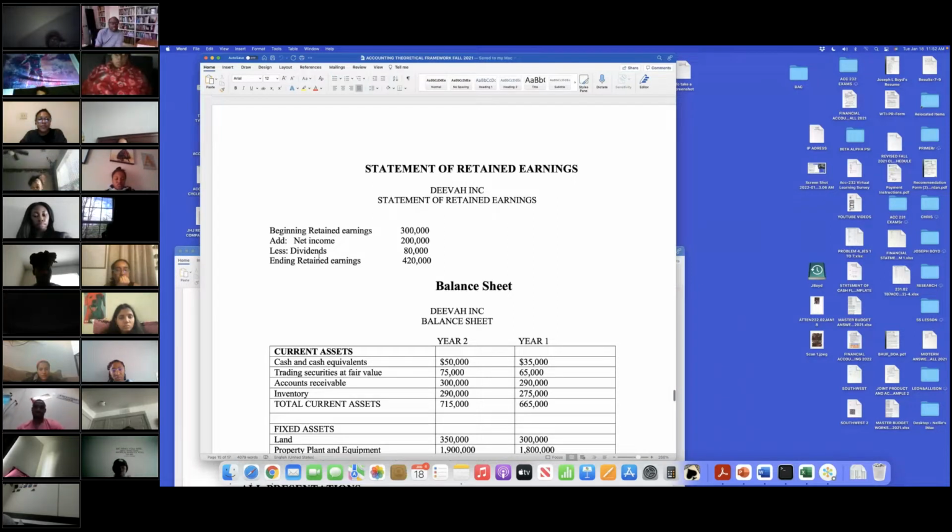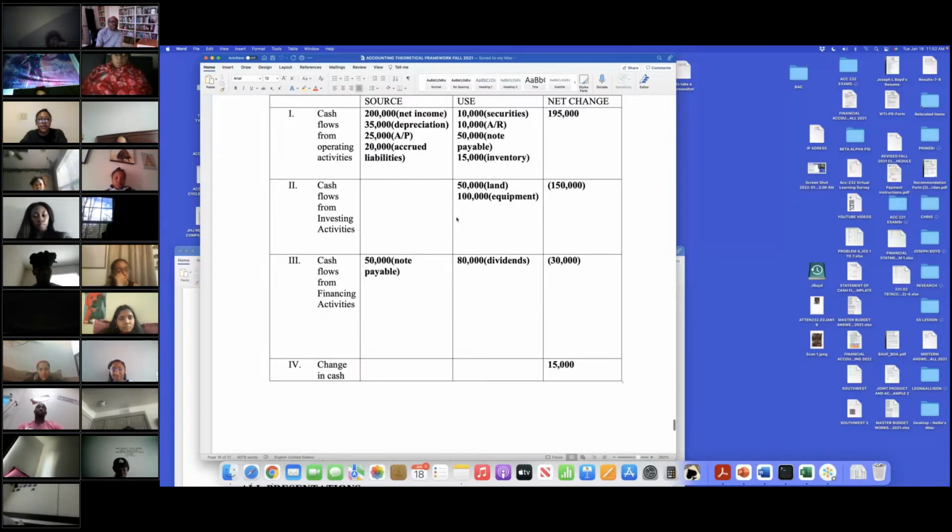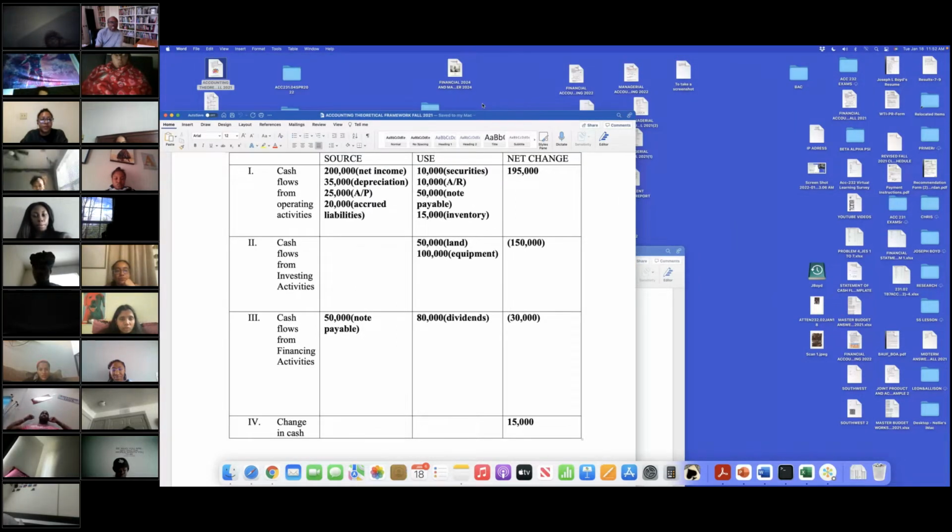And finally, a statement of cash flows. So can everybody prepare those four financial statements? Raise your hand if you cannot.